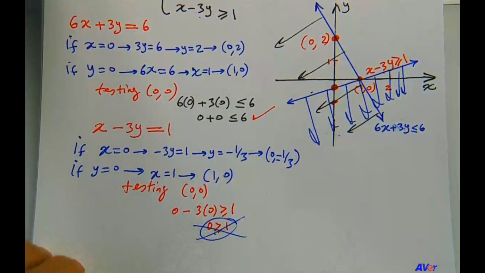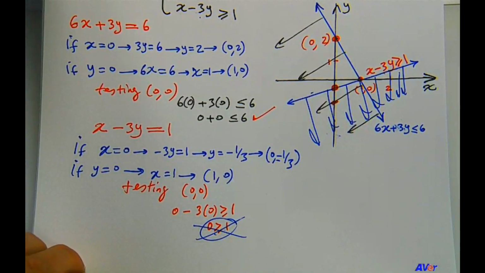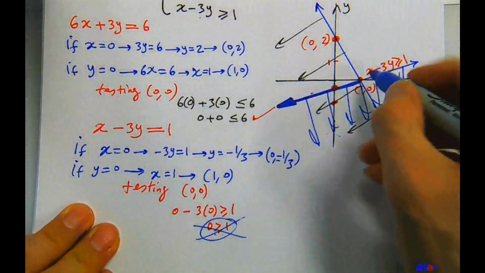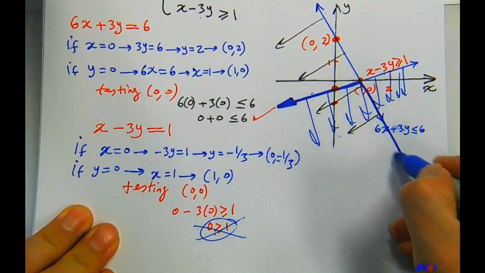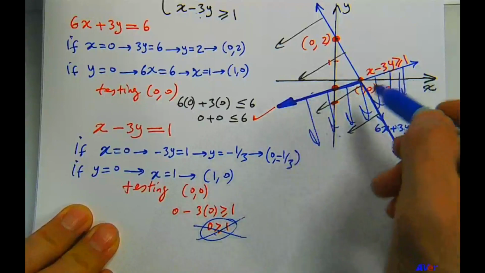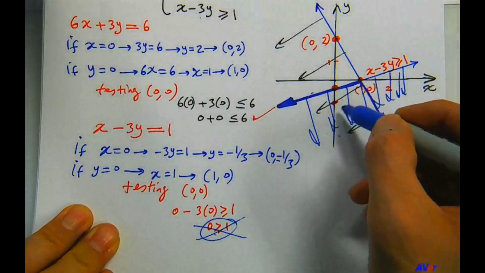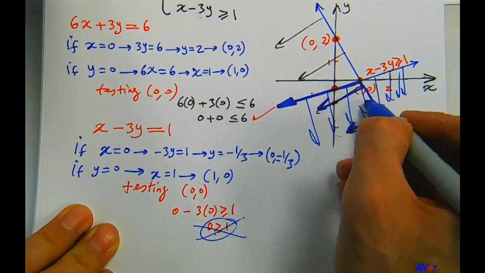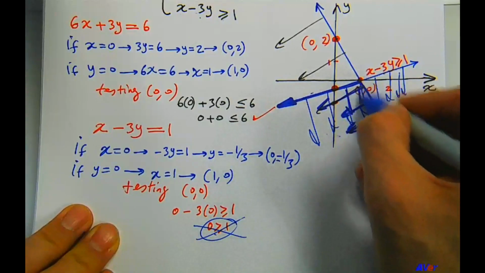So where do these two solutions overlap? When you look at the graph, they overlap in these regions. They overlap from here to here. Between these two lines, we have a solution. See those arrows that I had? And these arrows, right?